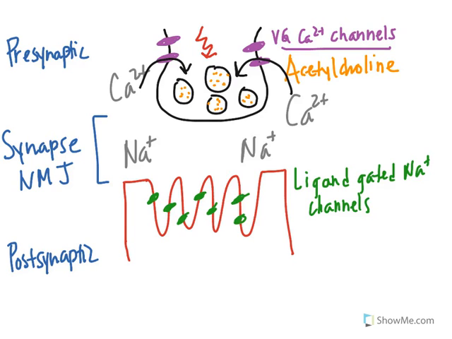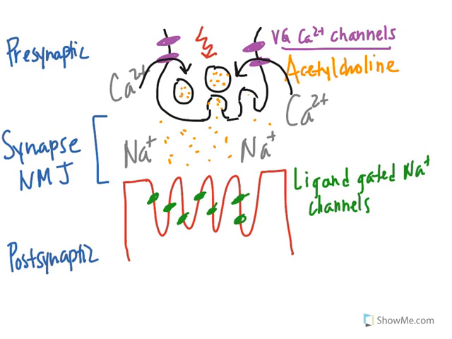When that happens, you get what's called exocytosis, when these synaptic vesicles fuse with the outer membrane of the neuron and release the neurotransmitter acetylcholine into the synaptic cleft.